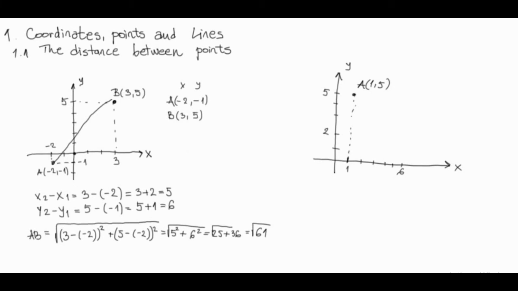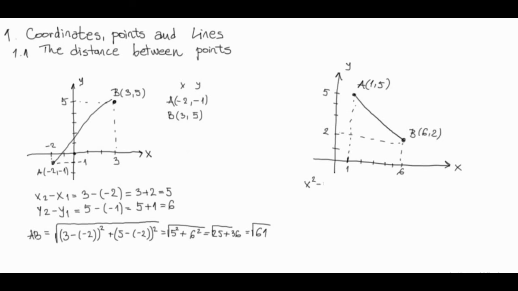And for point B, it will be 6 and 2. Point B, 6, 2. We connect those points to form line AB.